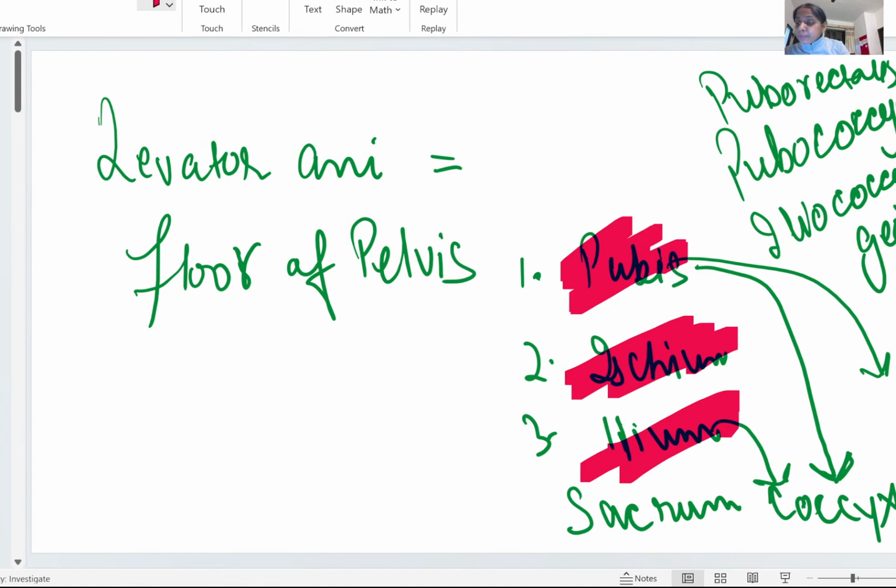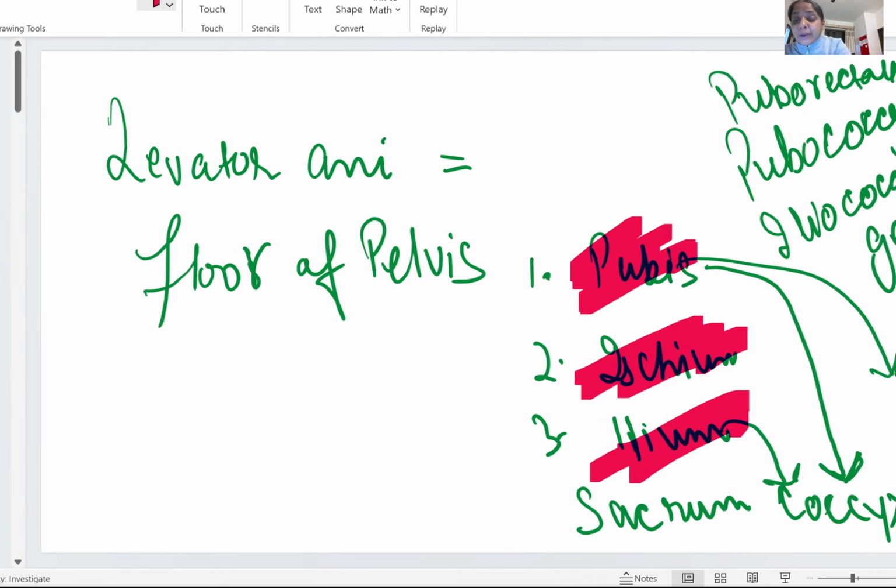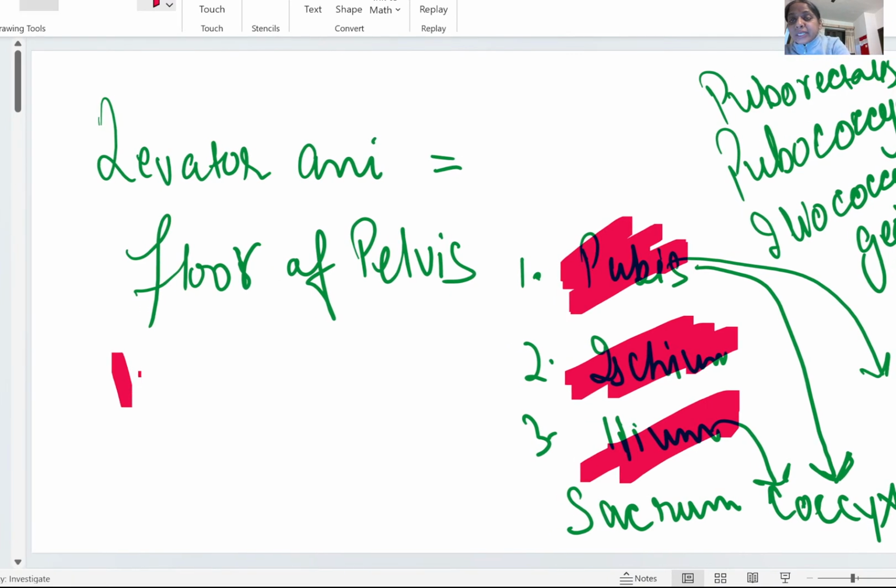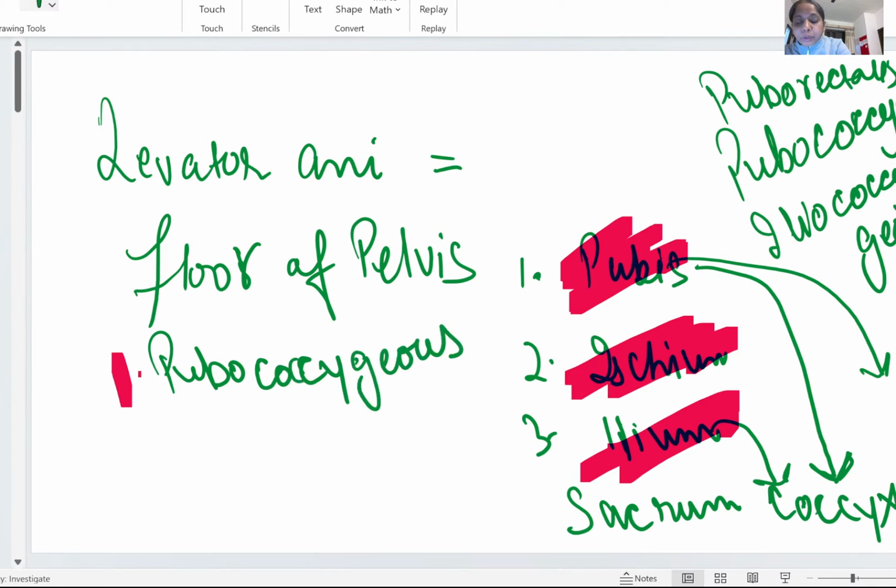The muscle fibers from the pubis go to the coccyx behind, and the parts are: number 1, pubococcygeus, and number 2 is iliococcygeus. Sorry, it is ilio, not ischio.